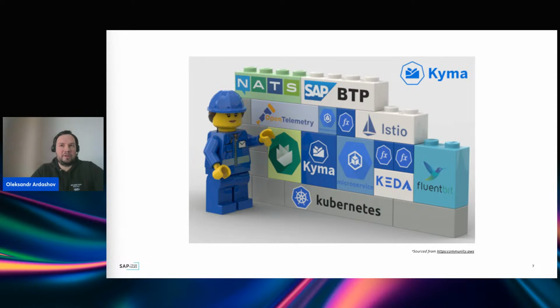So we have here the quite huge open source project Istio, which is responsible for the communication between nodes in Kubernetes and outside Kubernetes. NATS, OpenTelemetry, other microservices, and on top you can see the SAP BTP module.